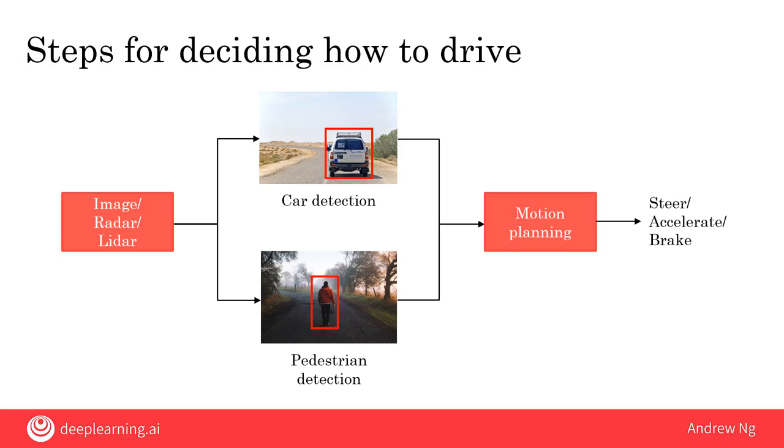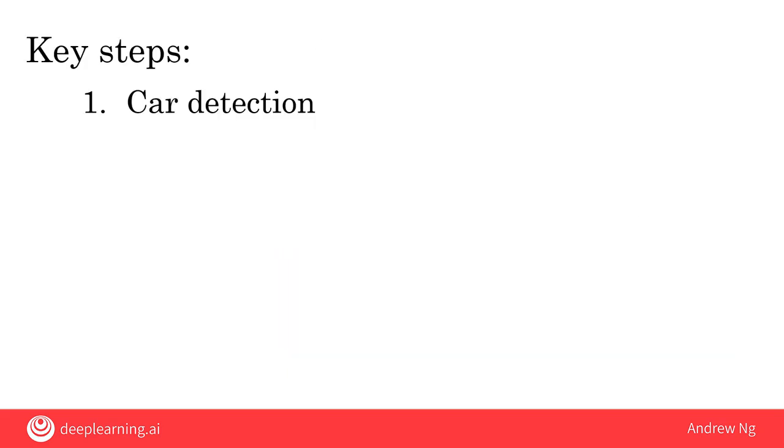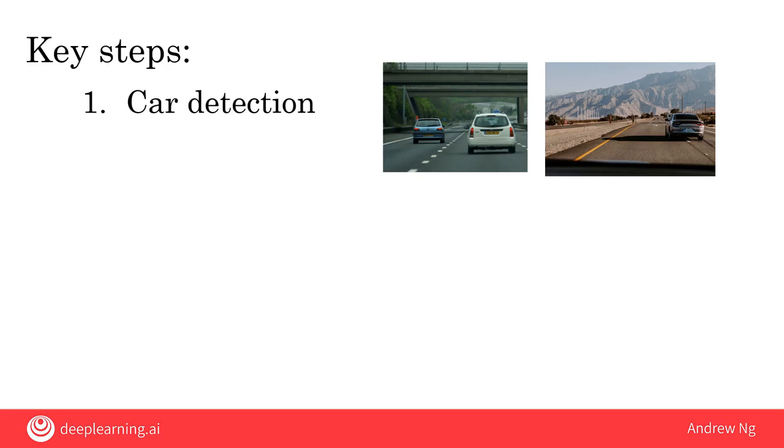Let's look at the three key steps of car detection, pedestrian detection, and motion planning in more detail. Car detection uses supervised learning. So you've already seen how a learning algorithm can take as input pictures like these and output the detected cars. For most self-driving cars, rather than using only a front-facing camera, a camera that looks forward, they also often use cameras that look to the left, to the right, as well as to the back, so you can detect cars not just to the front, but all around it.